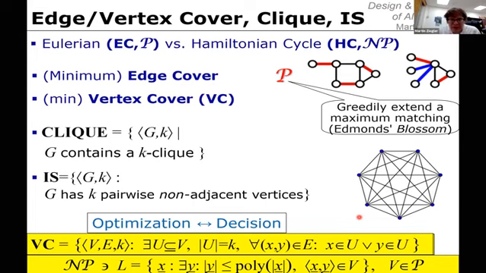And again, this is a problem that belongs to this syntactic class NP. Here, a witness could, for instance, be the k-tuple of pairwise non-adjacent vertices. And there it is easy to check that these vertices are pairwise non-adjacent, that there's no edge between any two of these vertices.